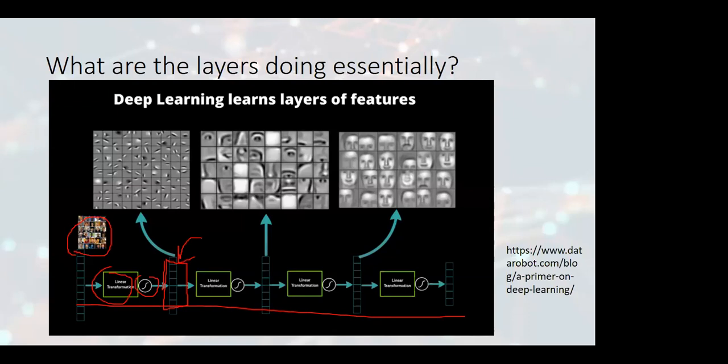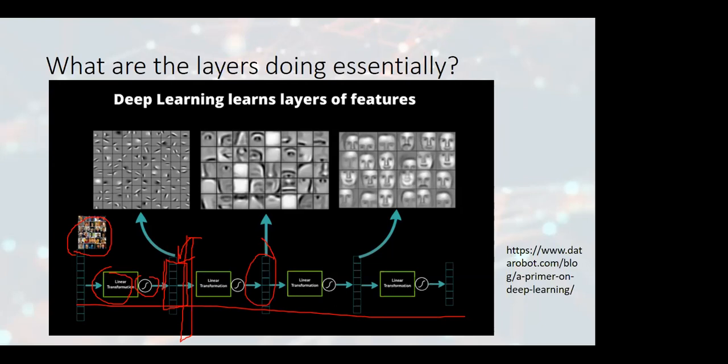Once we have these filters, we get an activation map, and then we add a bunch more filters and get some more operations. These are the filters which we are trying to learn using backpropagation.